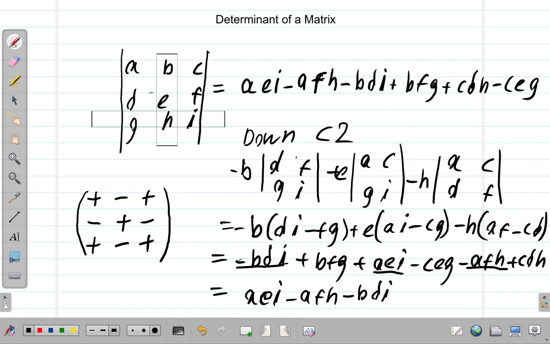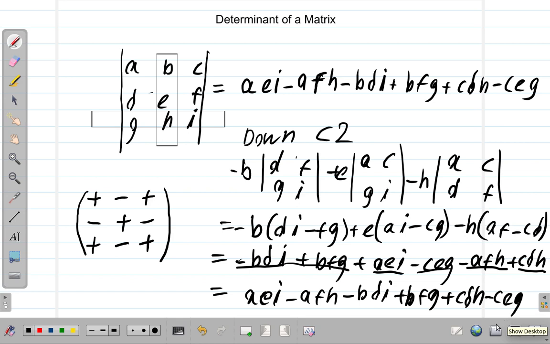Is there a BFG? Right, this is a BFG. Then a CDH. Yeah, right at the end here, plus CDH. Then we have minus CEG, and here's a minus CEG. All right, so we got the same determinant when we expanded down column 2.